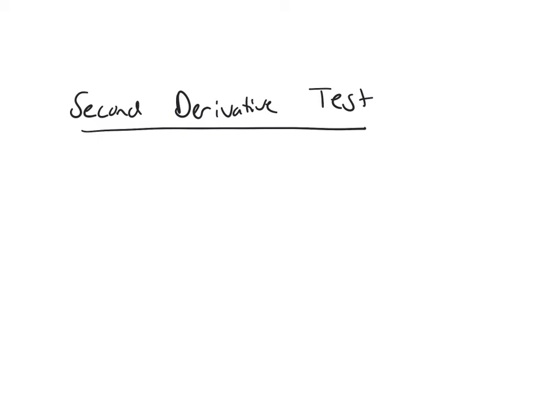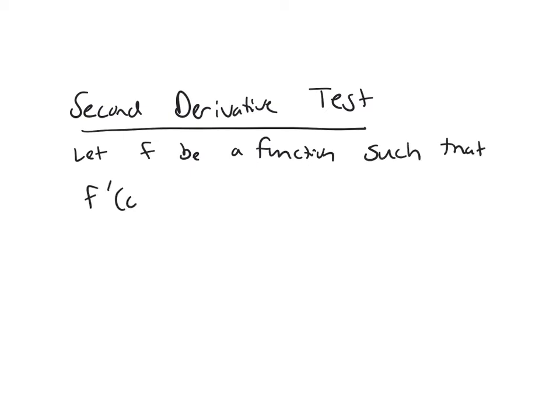So our final topic for the week is the second derivative test. So I'm going to state what it tells us. Let f be a function such that f prime of c equals 0.